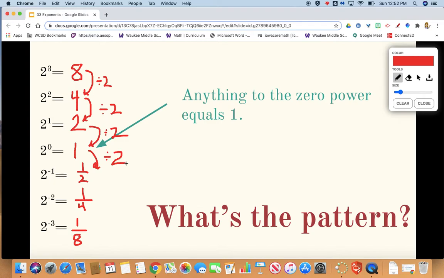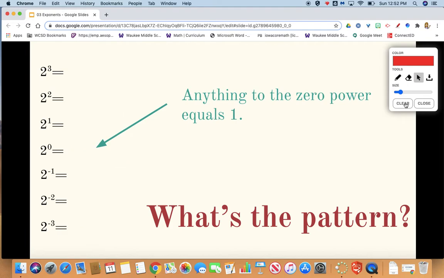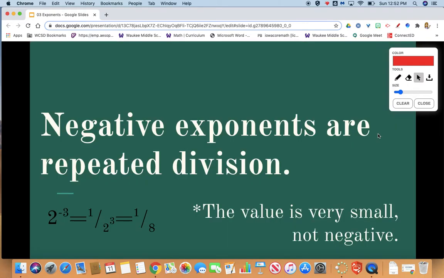Now, when we have a whole set like this, that's easy to reason through to figure out what our answers are. But what's the way that we can actually get these answers when we're dealing with negative exponents? Since negative exponents are repeated division, that means our value is very, very small. Not a negative, but very small. So if I had 2 to the negative third, we already found out that was 1 over 8, 1/8.